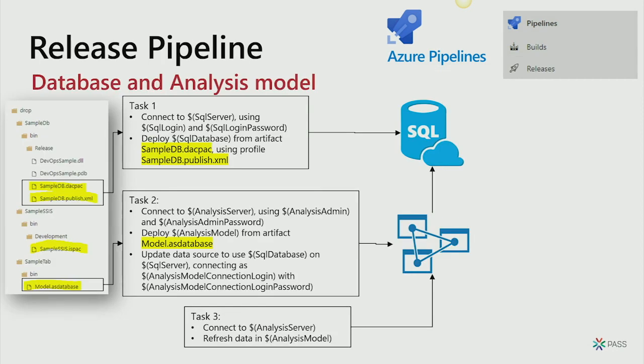The release pipeline is essentially the same for both on-prem and Azure. It deploys those artifacts from the drop folder, from the builds, and connects, deploys the database, deploys the model, and connects and refreshes the data in the model.